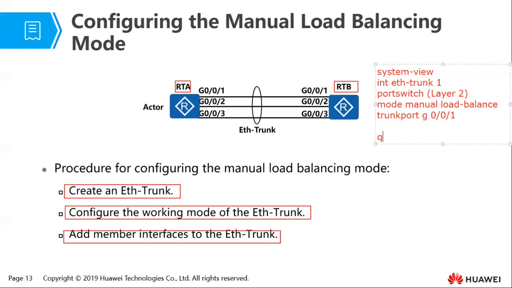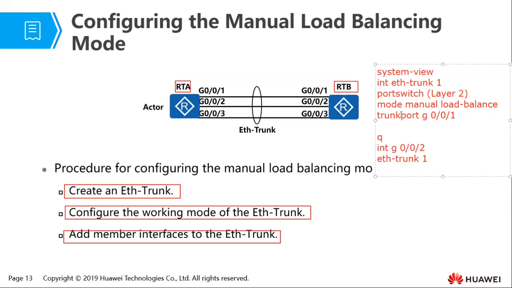But otherwise, we can quit from the Ethernet trunk, then go to a particular interface, for example, int 0/0/2, and we can also add it like this. We simply type in the interface G0/0/2 view, we type Eth-Trunk 1, then enter.